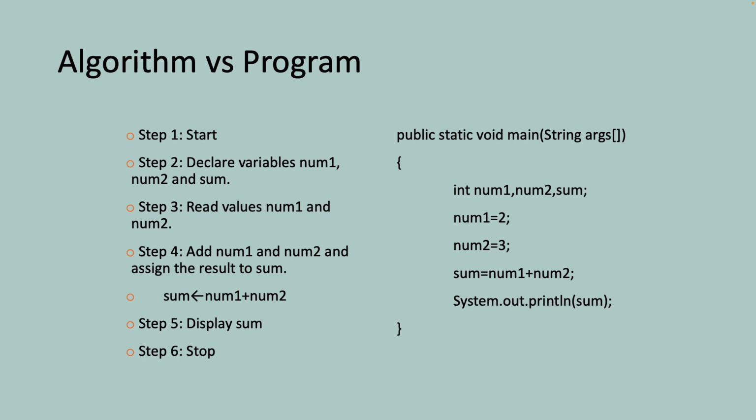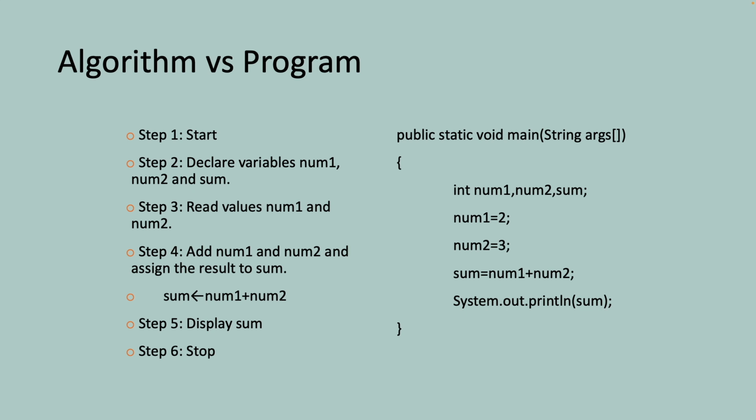So for example, if you would like to compute the sum of two numbers, on the right side, you can see a program. But before writing this program, either in your mind or on paper, you can write certain steps. Like we're going to declare two numbers and we will declare another variable, which is sum.